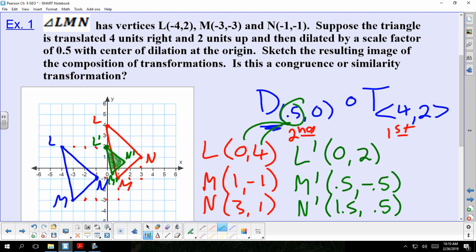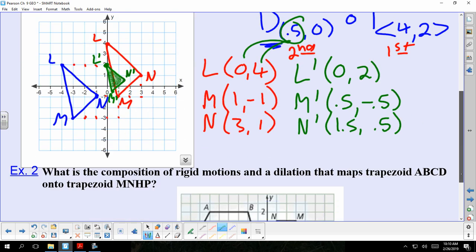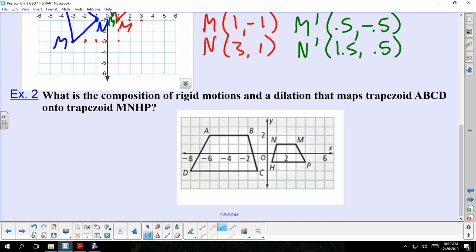So we can perform a composition of transformations, but one of the main things we want to do is be able to show that two figures are in fact similar by stating a composition of transformations. All right, let's see if we can do this similarity one.